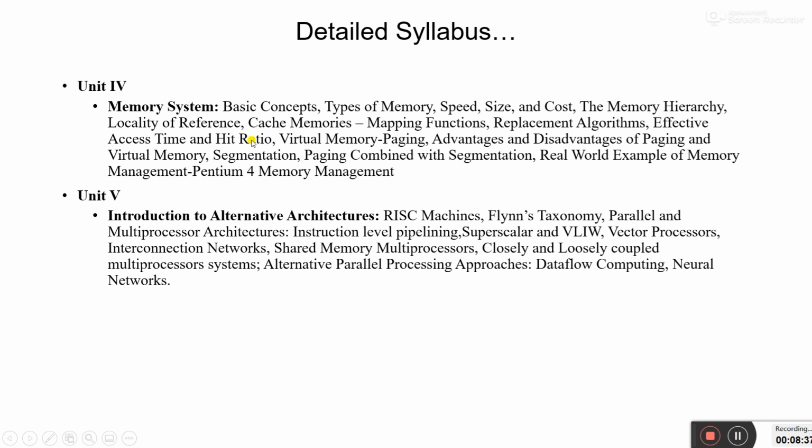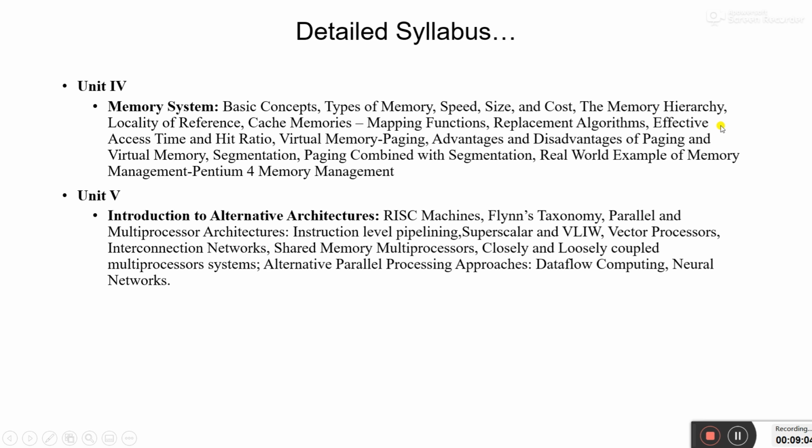Next is unit 4, in which we will understand the memory system: basic concepts and the types of memory, which types of memories we have, such as RAM, ROM, and EPROM. We will understand the speed, size, and cost of memory, and on the basis of these we will find some differences between memories.